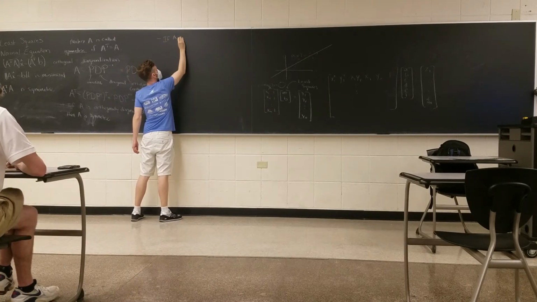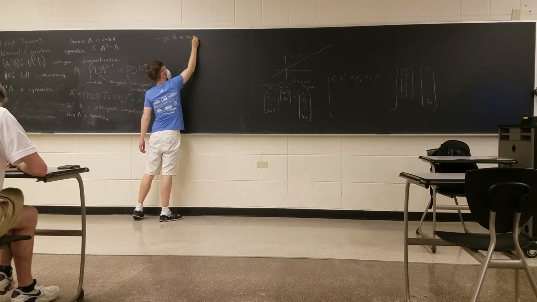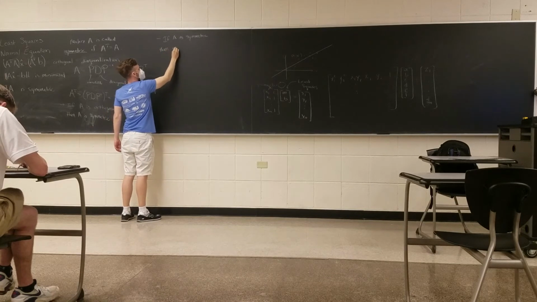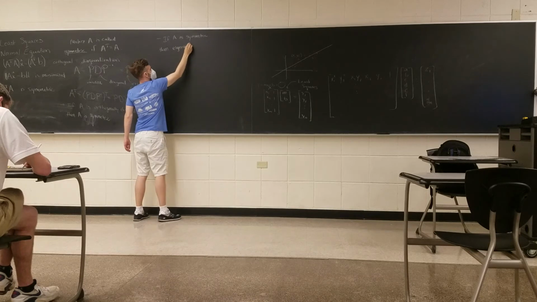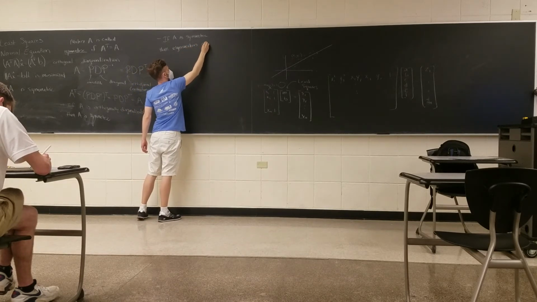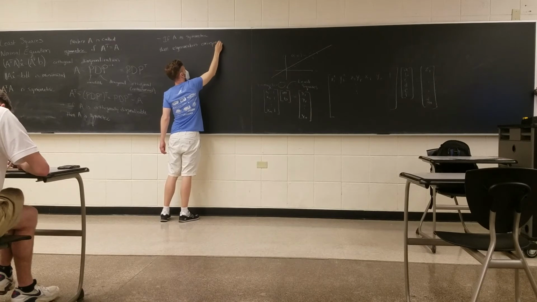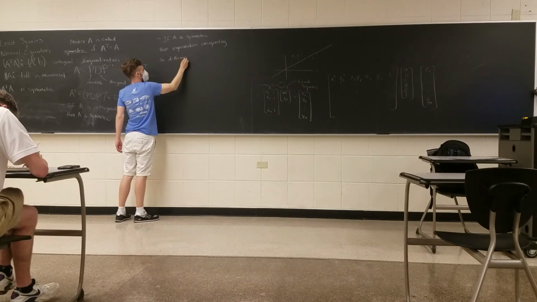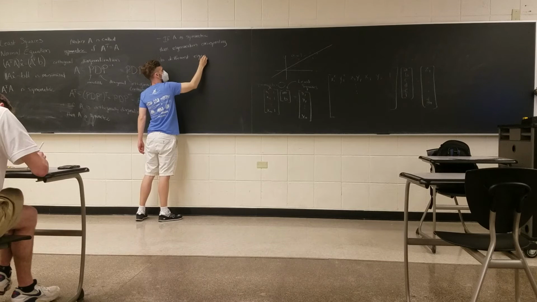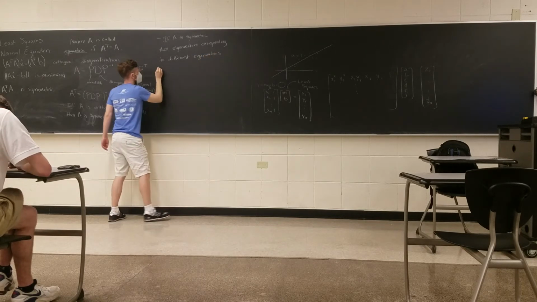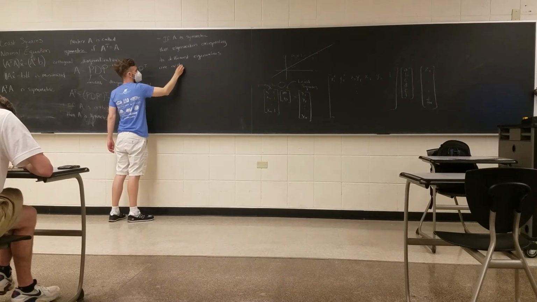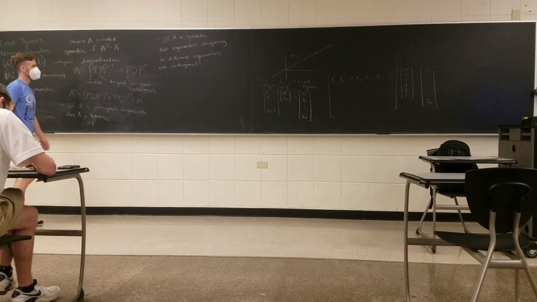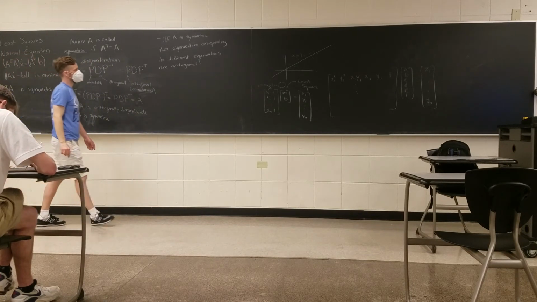If A is symmetric, then eigenvectors corresponding to different eigenvalues are orthogonal. That's pretty amazing. Why should this be true?